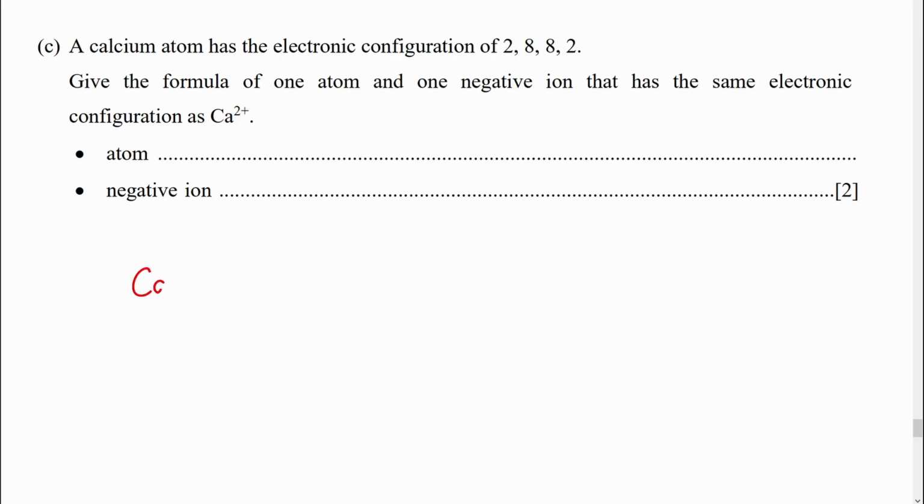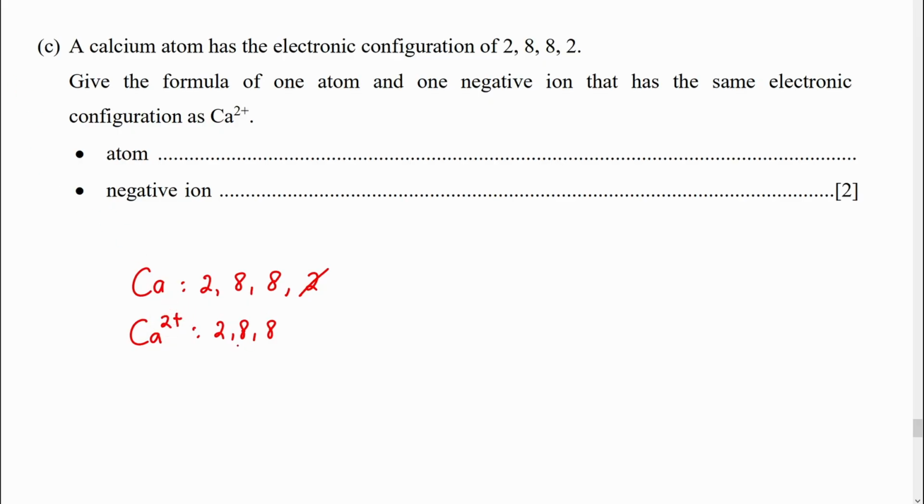This is calcium, so the configuration is 2,8,8,2, while for Ca2+, you remove these 2 electrons and now it becomes 2,8,8. Because you remove something negative, you become more positive, and that's the reason why the charge here is 2+. And how many do you remove? You remove 2, so that's why it is 2+.